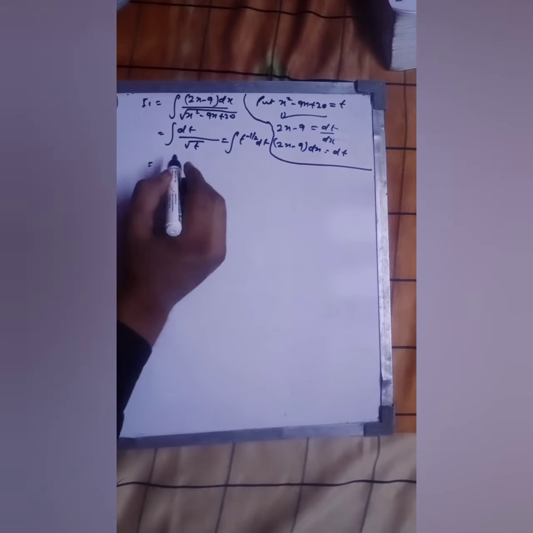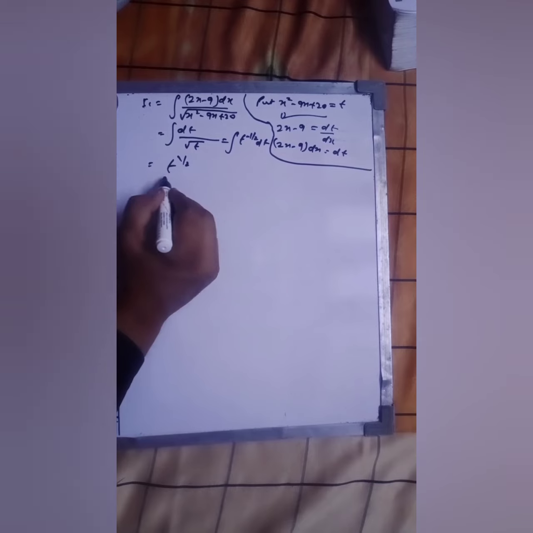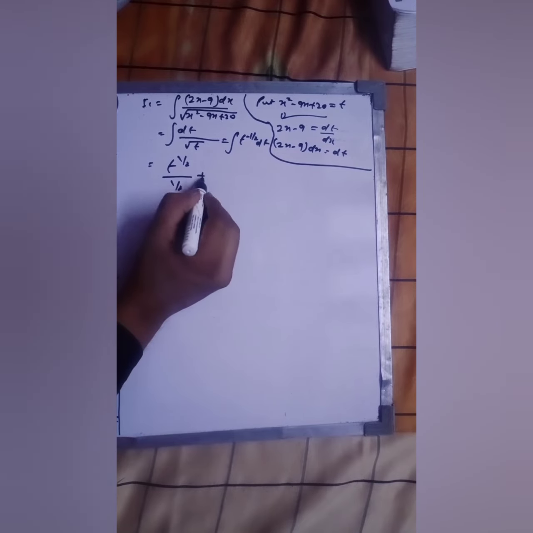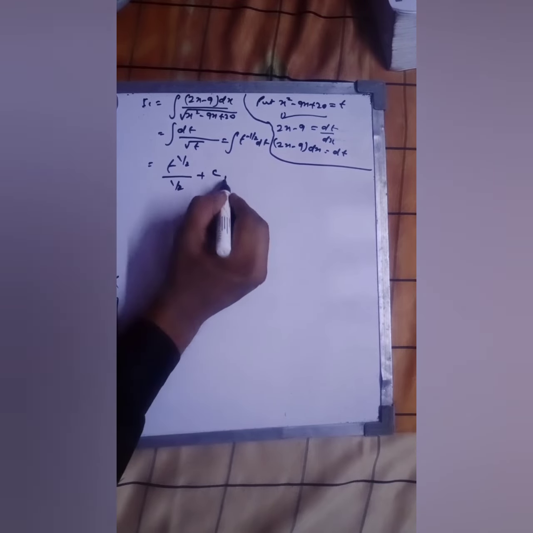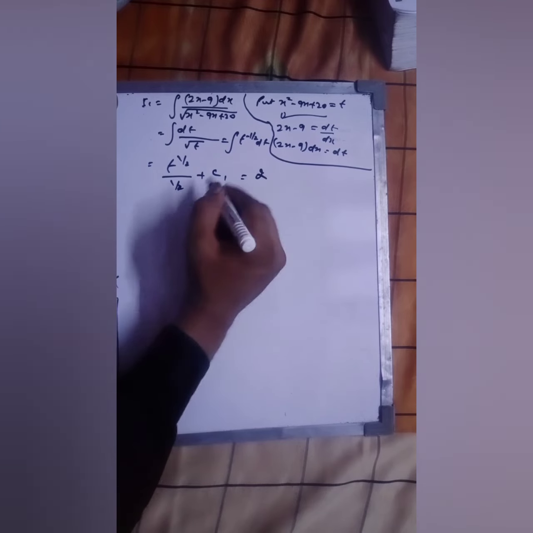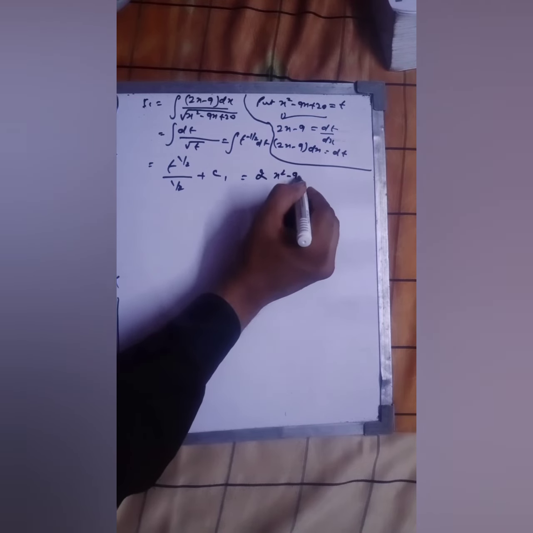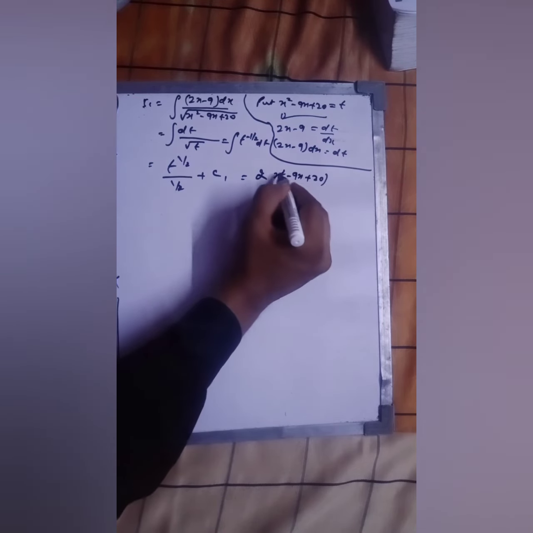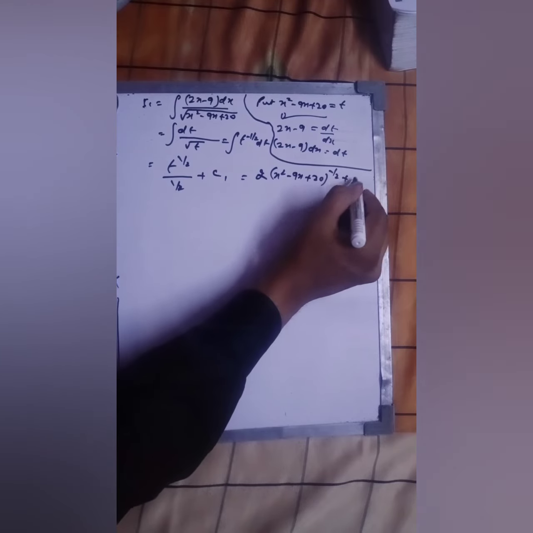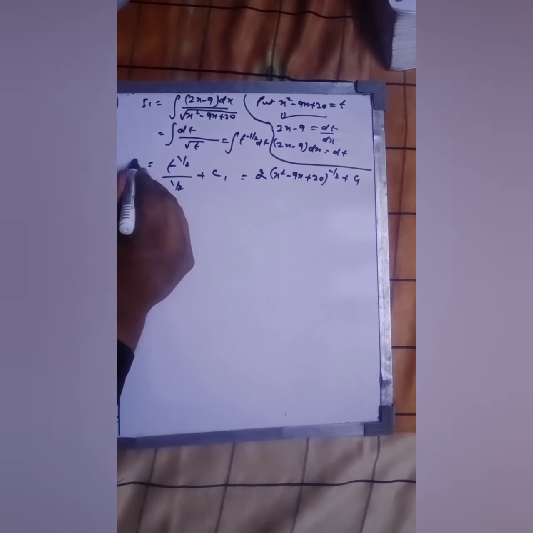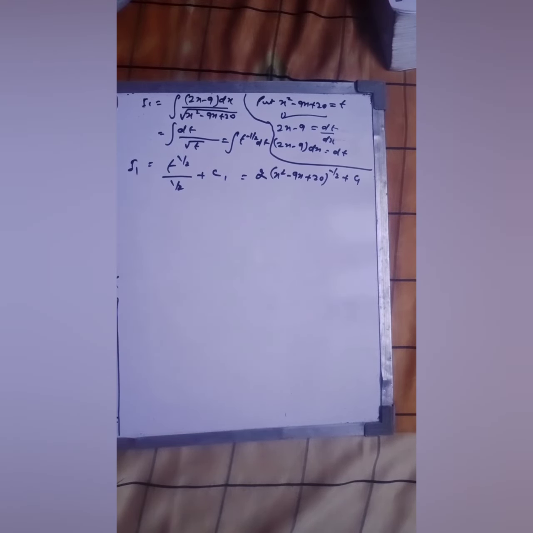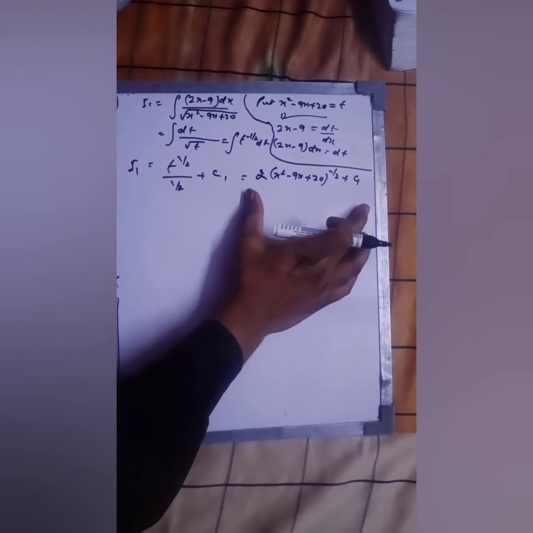The integral of this would be t raised to the power half, with half coming in the denominator, plus c1. So this is 2 times (x square minus 9x plus 20) raised to the power half plus c1. So this is your I1.